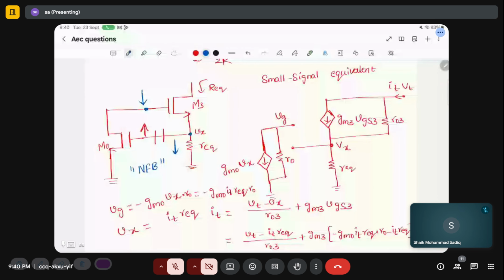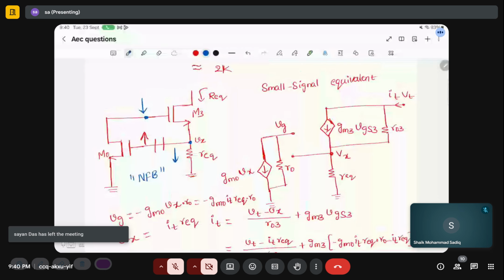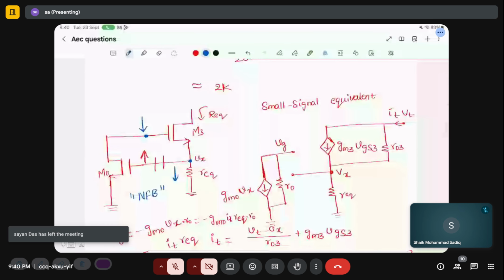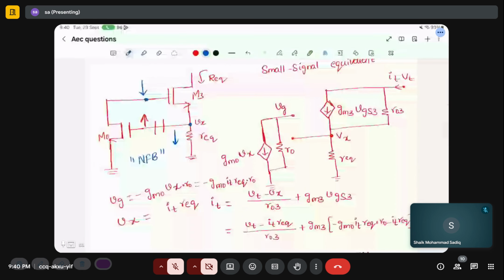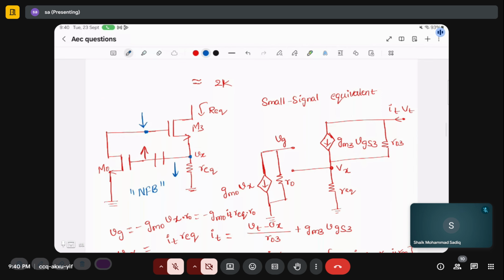For those who are not able to get this, how they told increase, decrease, increase, decrease, you have to work it out. The main thing is simple. If you don't know, you just go and check. This is VGS. If I increase VGS, ID will increase, and VDS, you are pulling out more current from this node.